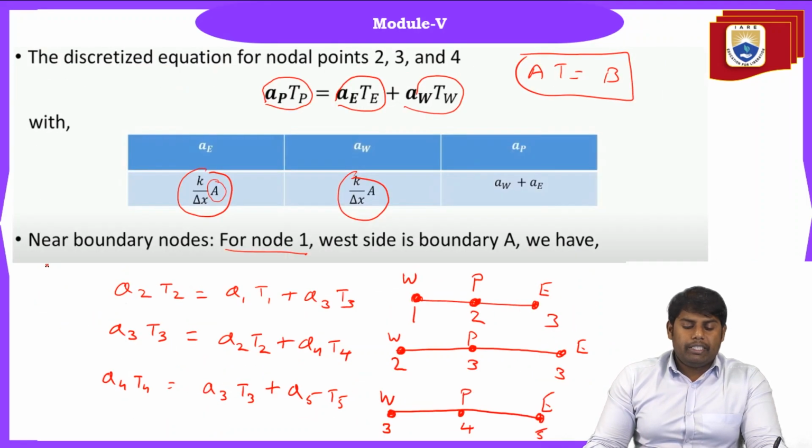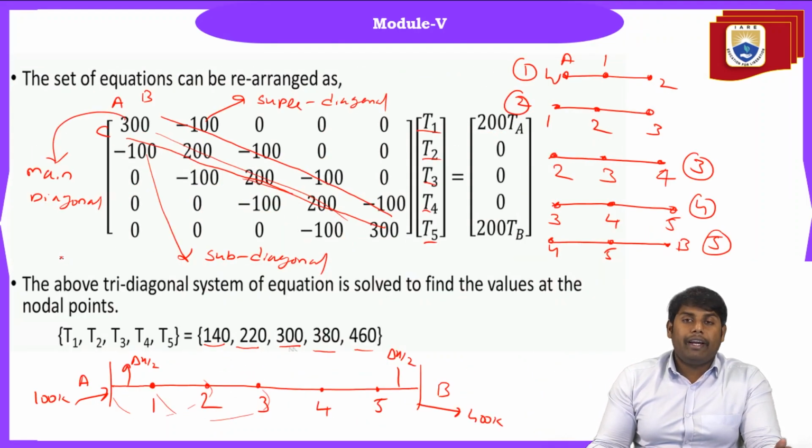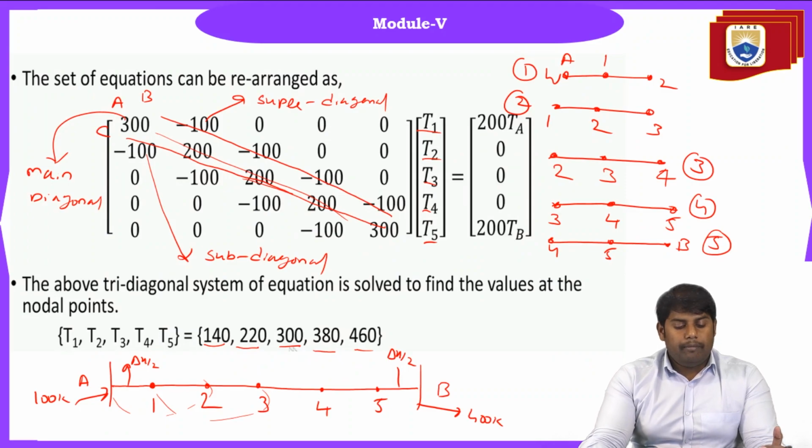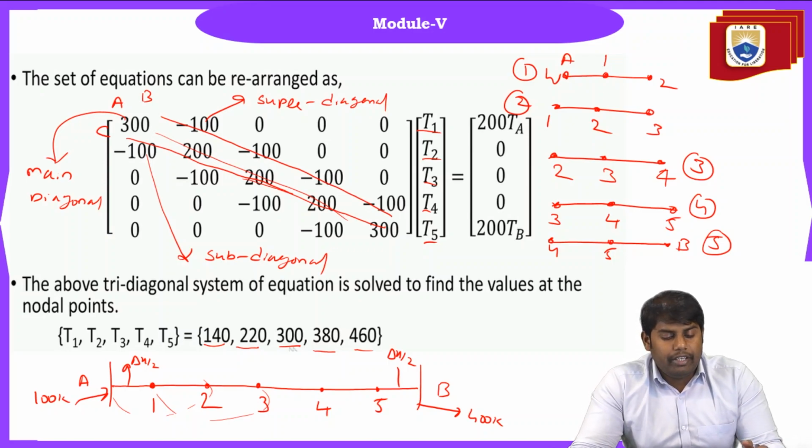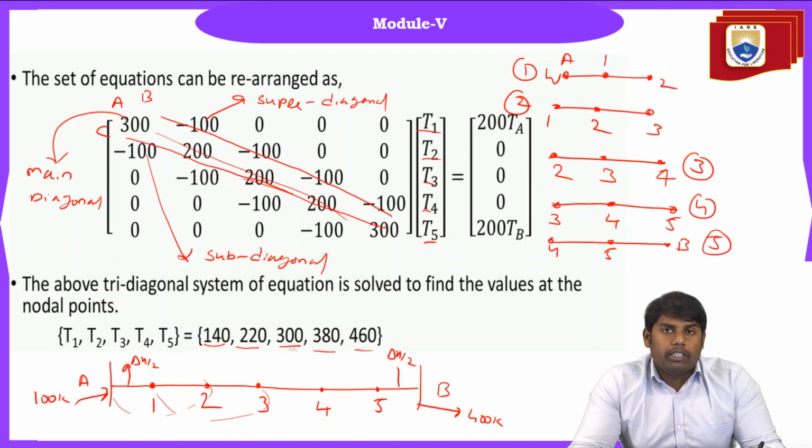So what happens as I'm increasing the points? Why have I taken only 5 points? Since I'm solving numerically by hand calculation, to show you the matrix with the physical field, we have taken only 5 points.